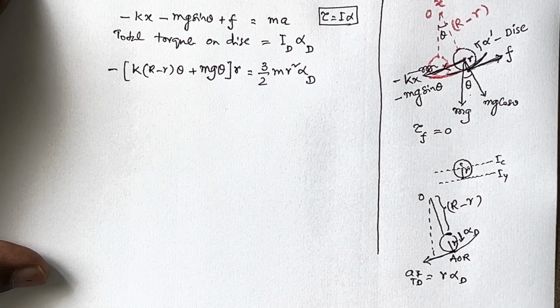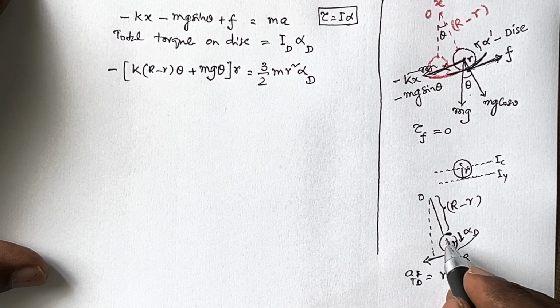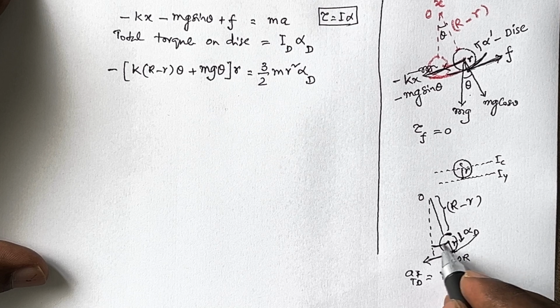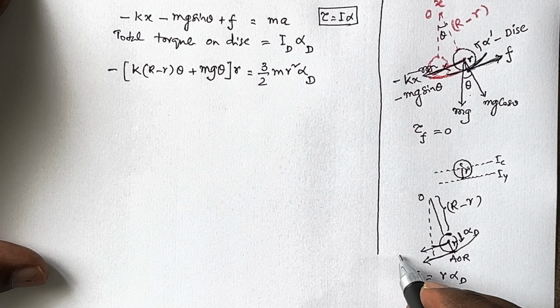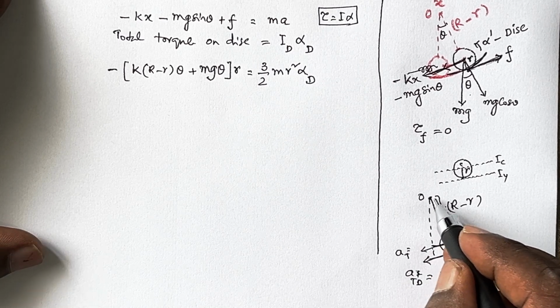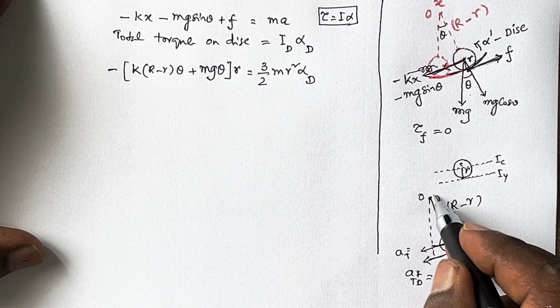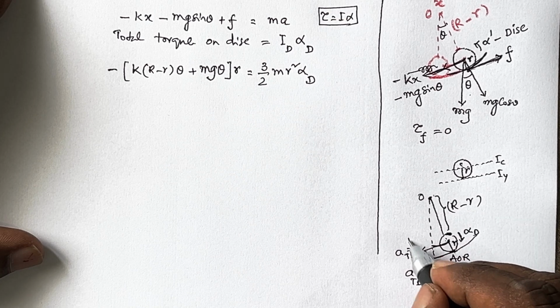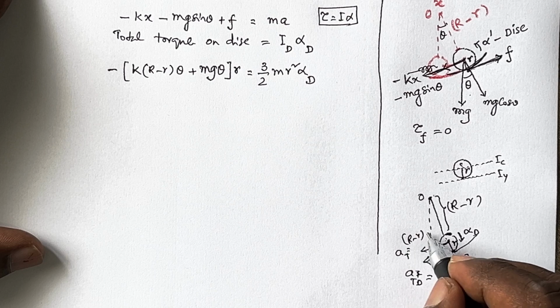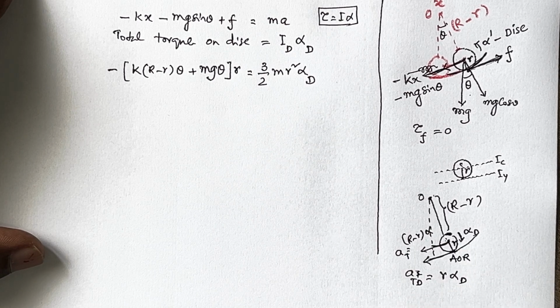But the center of mass is also going here, right? This is the center of mass. So this tangential acceleration is equal to, with O as the axis of rotation for the center of mass, from here to here the distance is R minus r, into the center of mass angular acceleration alpha.